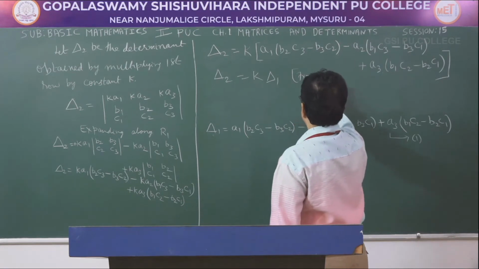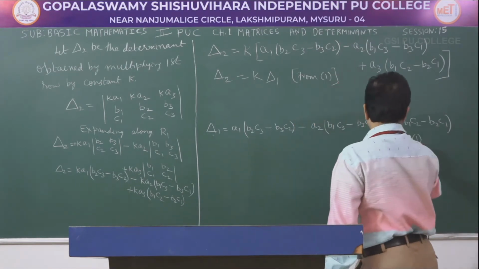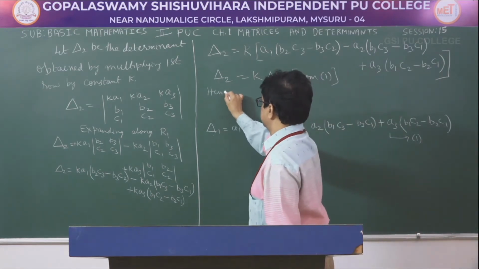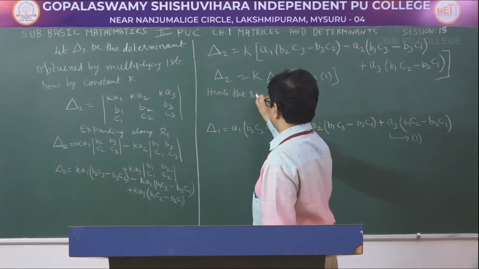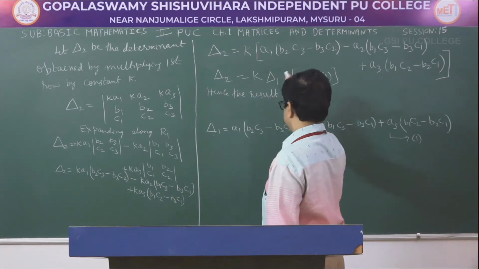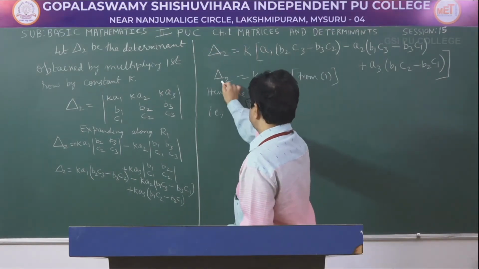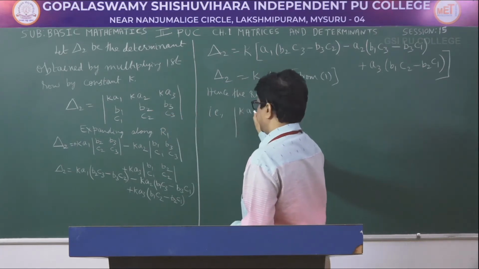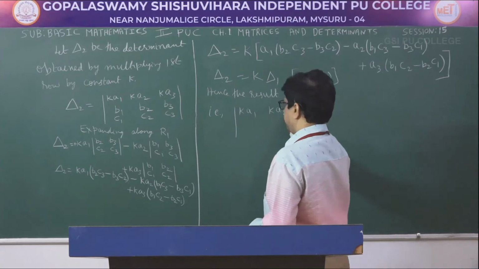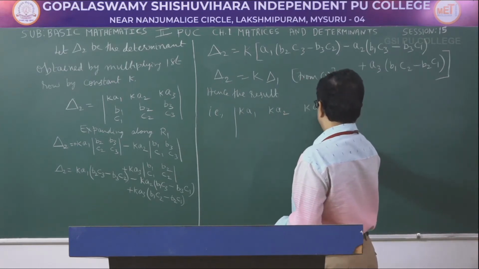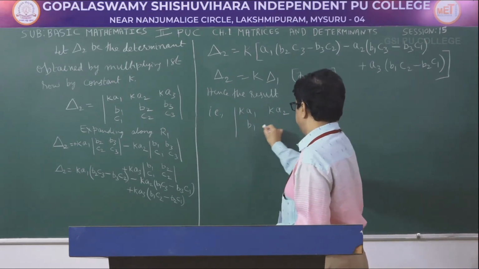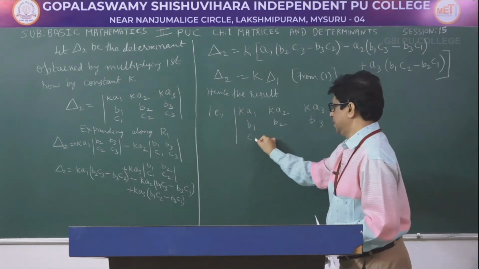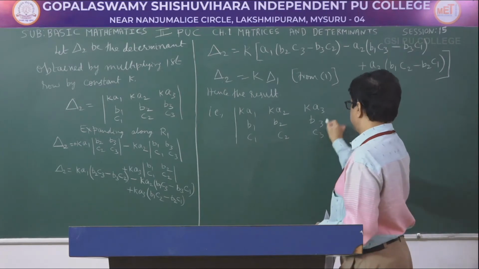This is from equation 1. Hence, the result, that is delta 2 is nothing but determinant of ka1, ka2, ka3, b1, b2, b3, c1, c2, c3.